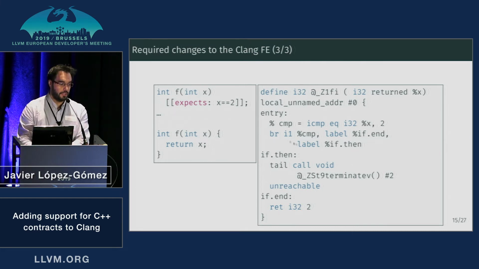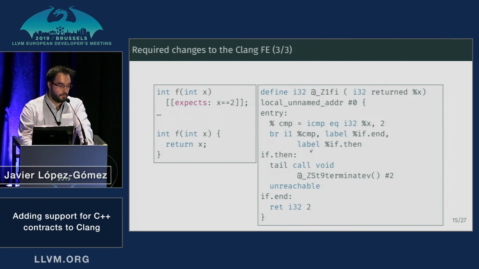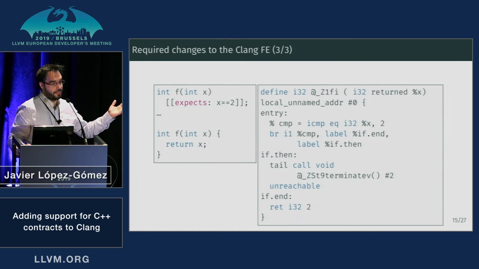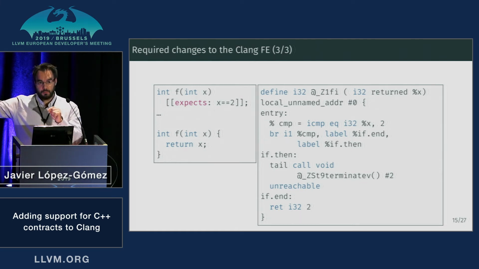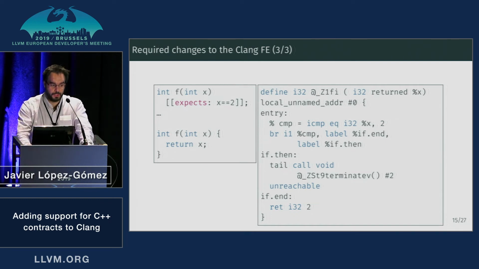You will see that here it is checking the predicate, and it will branch to here if it does not meet at that given point. And it will branch otherwise to the return statement if the precondition is met. So you see here, as I told you, that there is no additional function call to the unchecked version of that function because it is being inlined as part of the checked version.